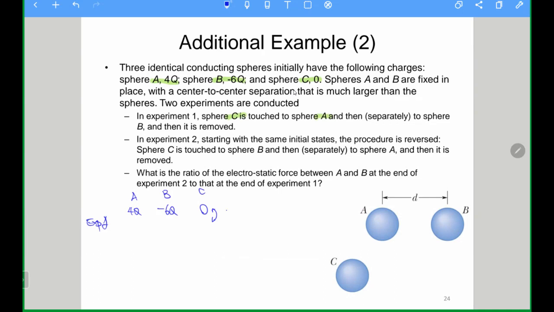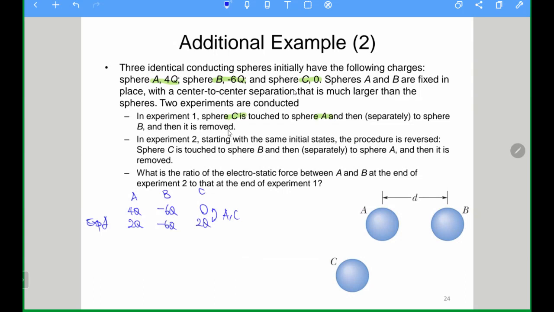A and C touch each other, which means that after this action, the charge on A and C will be equally distributed, which means it should be 2Q and 2Q. And for B, negative 6Q remains unchanged.